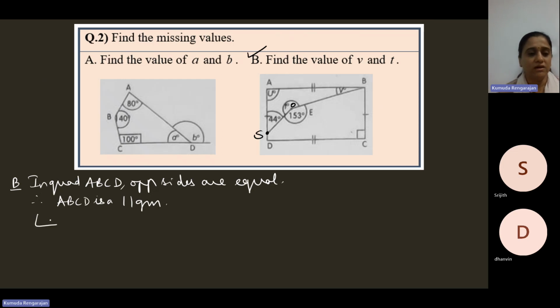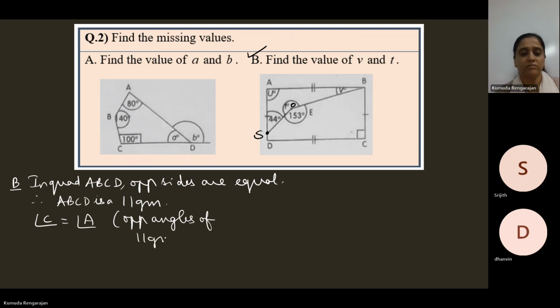Angle C is equal to angle A because opposite angles of parallelogram ABCD are equal. So then what is the measure of angle A? Therefore, U degrees is equal to 90 degrees, correct? Okay, now we found U. We have to find V and T.